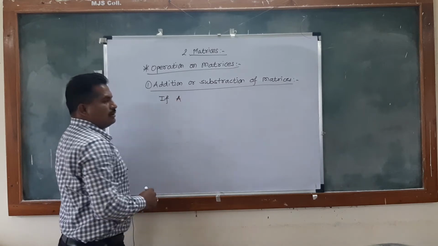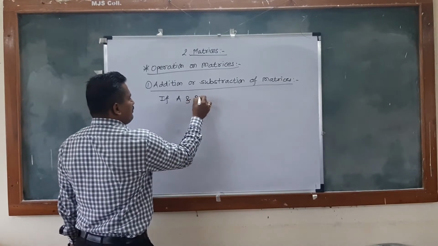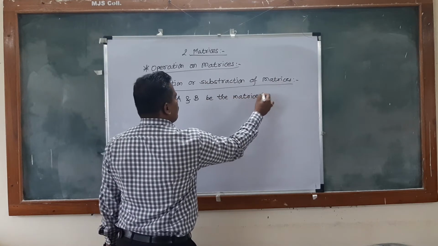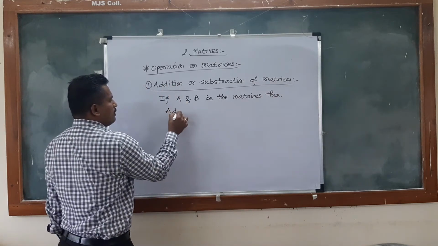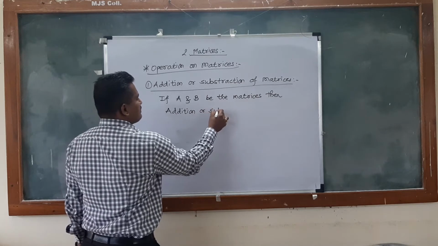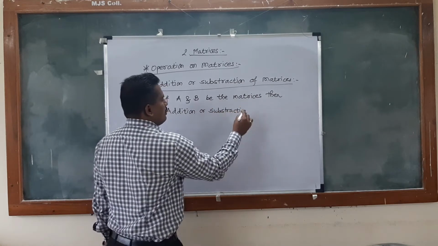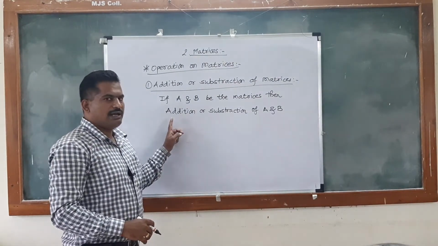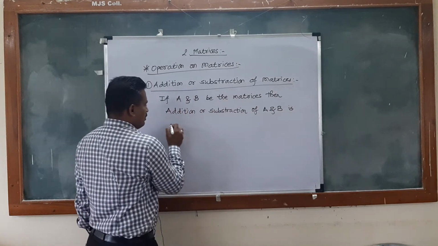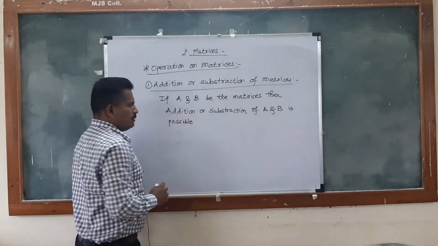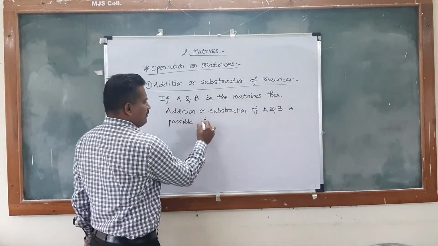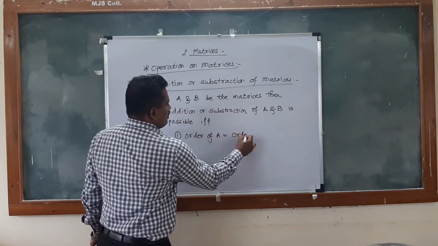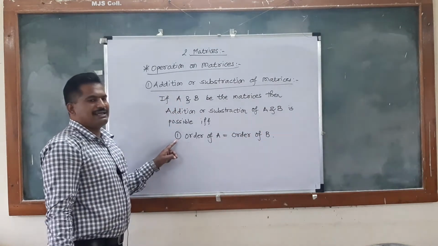If A and B are matrices, then addition or subtraction of A and B is possible if and only if, first, the order of A is equal to the order of B. The order should be the same.